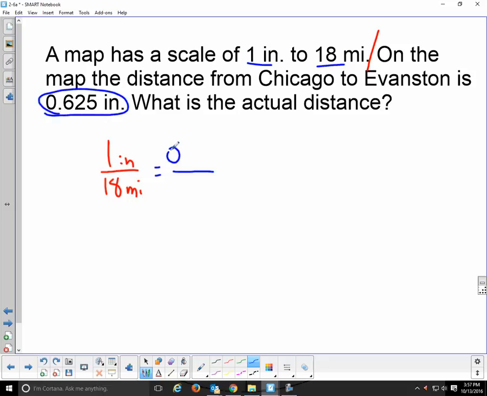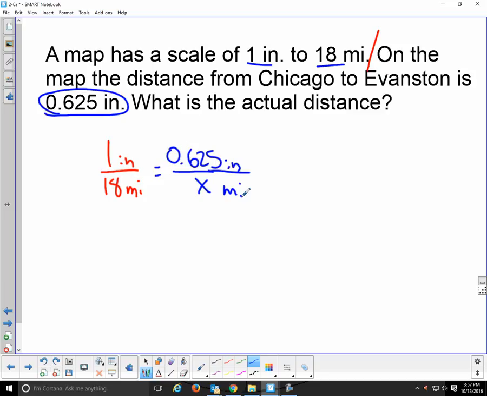If on the map it's 0.625, 7/8 inches, then I want to make sure that I match those up. I want to be consistent and say I went inches to miles, inches on top, miles on the bottom. I want to go inches on top, and I don't know how many miles on the bottom. So those labels really come in handy when we're trying to set up our problems too.